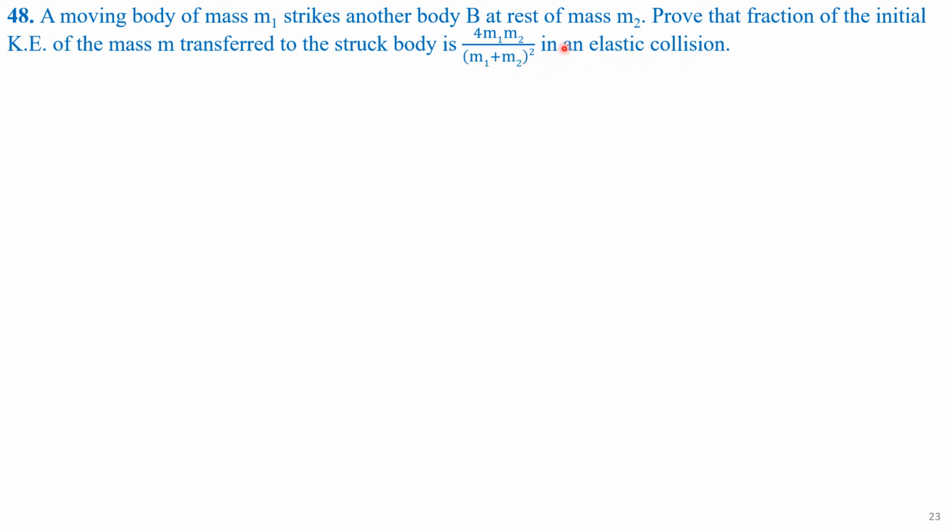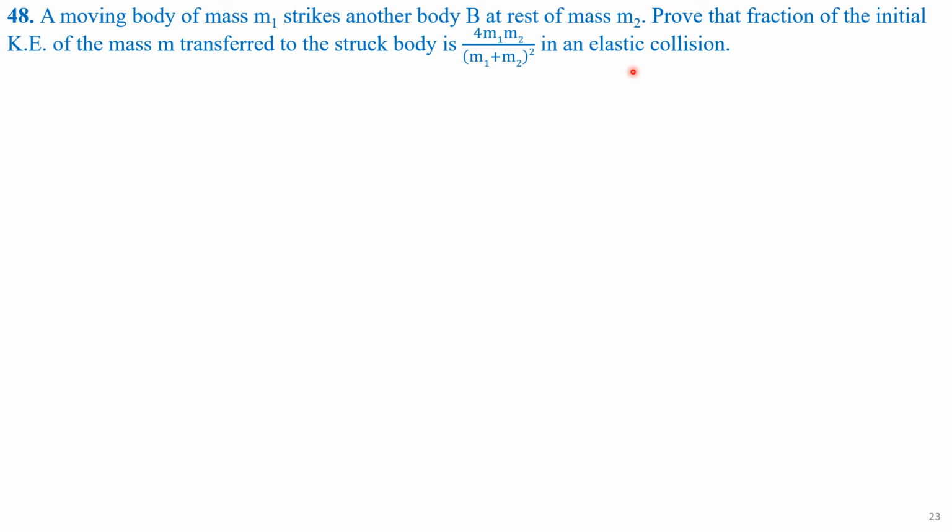Please note M1 is the mass of body A and M2 is the mass of body B which is at rest. So the energy transferred to body B, we have to prove, is 4 M1 M2 divided by (M1 plus M2) whole square in an elastic collision.